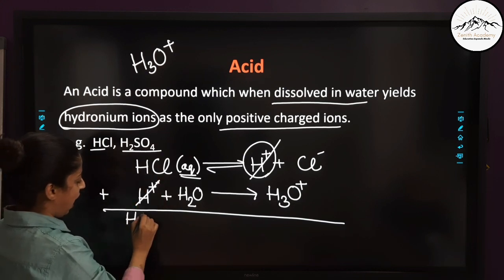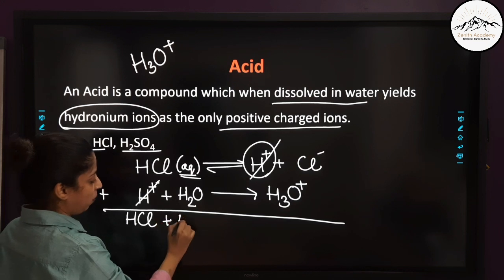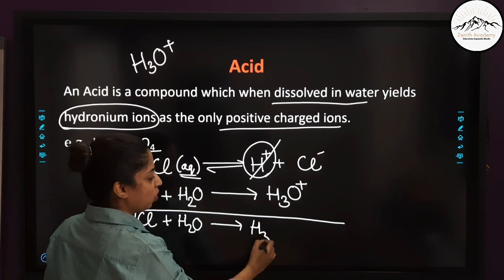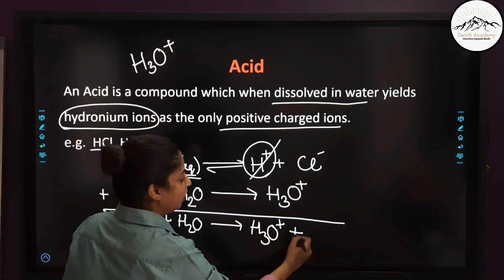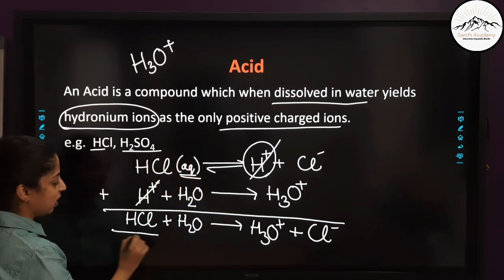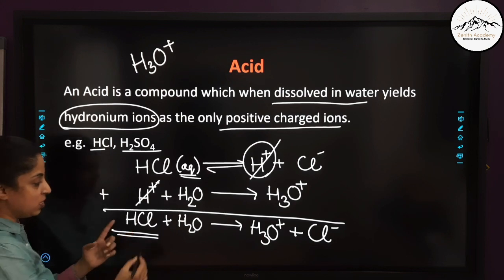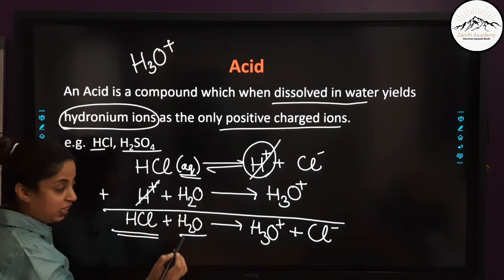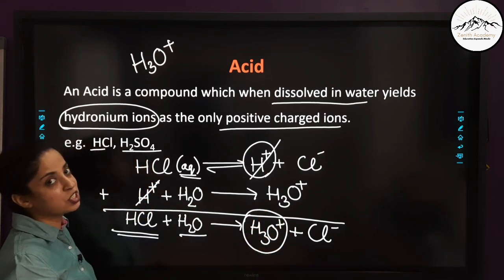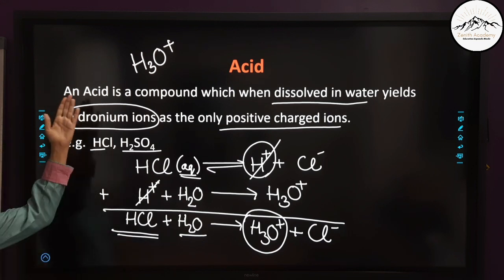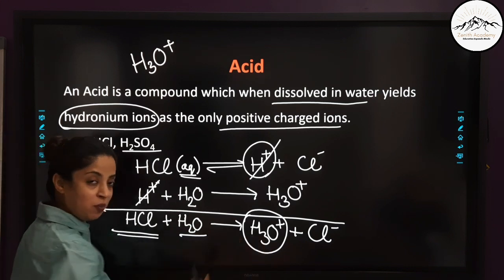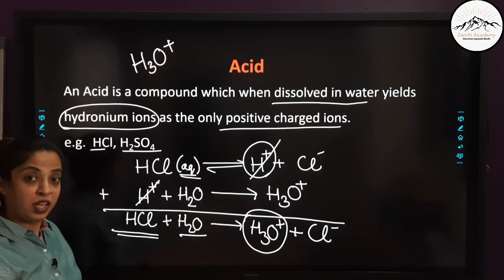So we get HCl plus water gives hydronium ion, H3O plus ion, and chloride ion, Cl minus. So we can say that HCl is an acid because when dissolved in water it gave hydronium ion as the only positively charged ion. So I'll repeat, what are acids? Acid is a compound which when dissolved in water gives hydronium ion as the only positively charged ion.